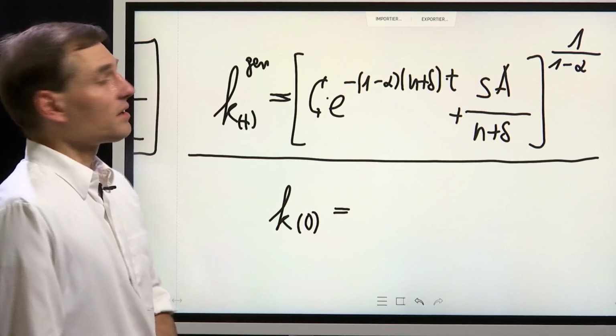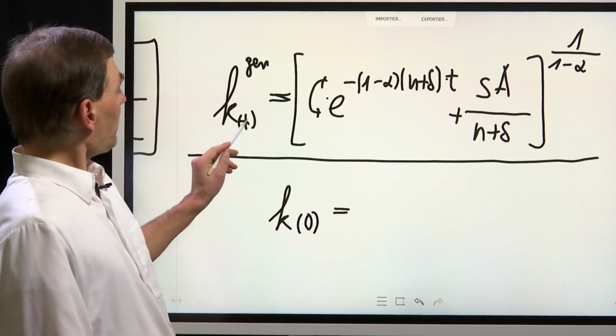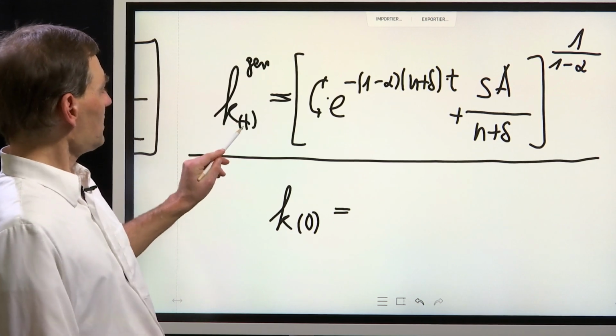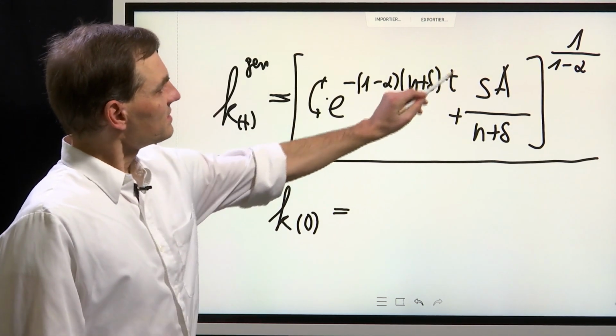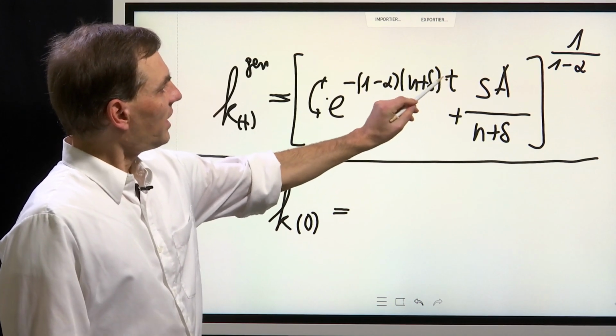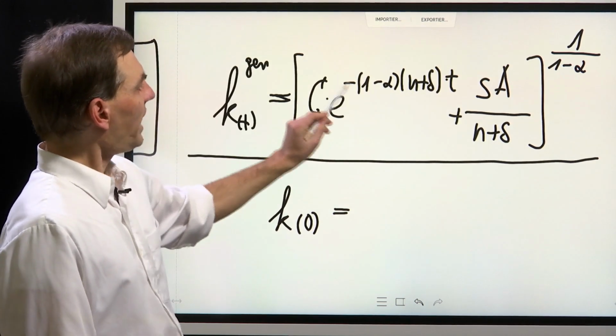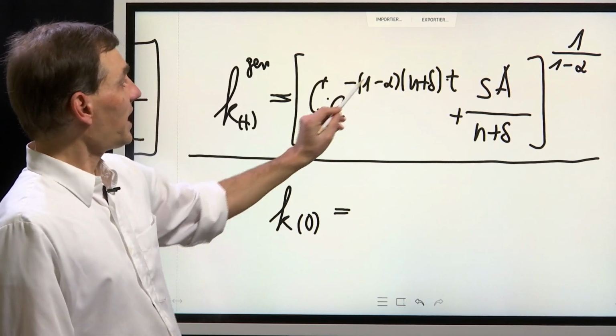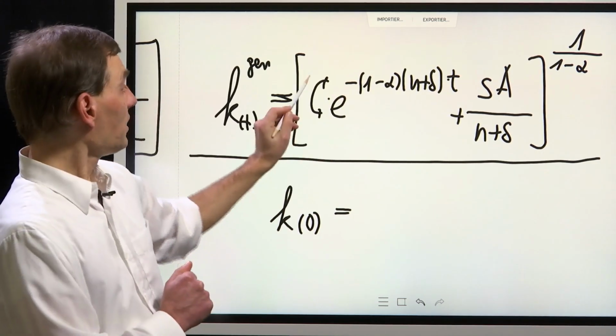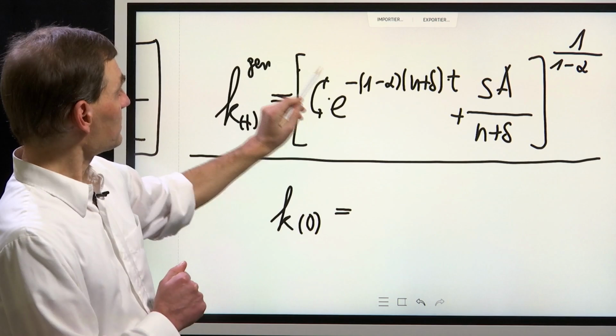And you see immediately what happens. Well, if I plug in here in my general solution t equals 0, then we see immediately there is this t here. So if I have t equals 0, then the whole exponent of the exponential function is 0. That means the exponential to the power of 0 is 1. So what remains is this term.